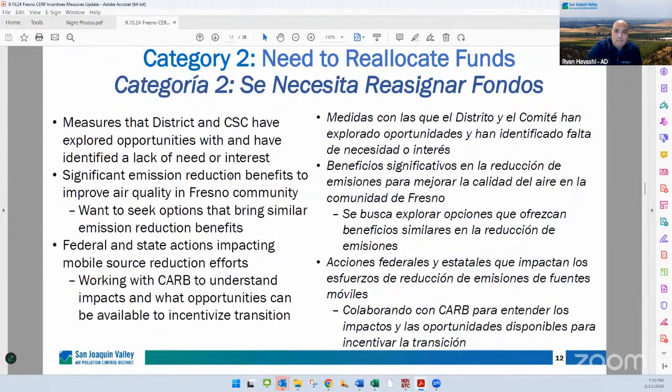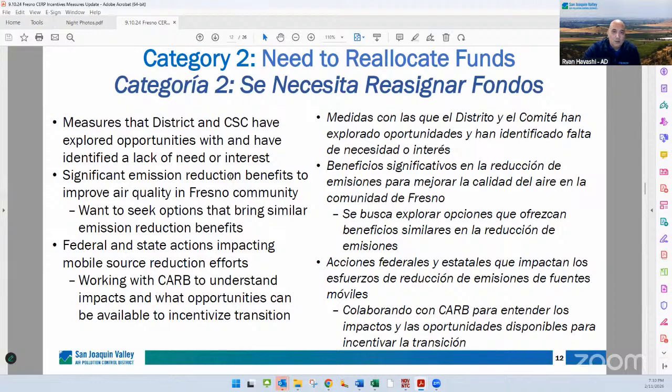So as I mentioned, these are opportunities that we just haven't seen a lot of interest for. A lot of the measures had significant emission reductions associated with them that now we're facing a shortfall. When we all worked together on identifying measures, there were emission reductions associated with those.